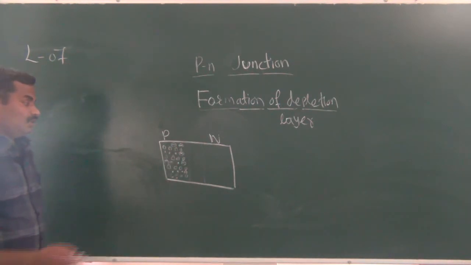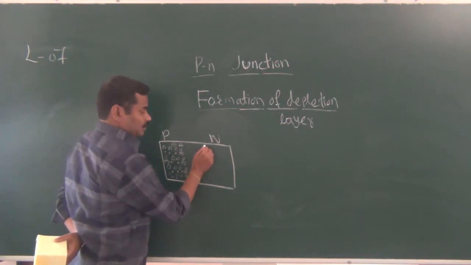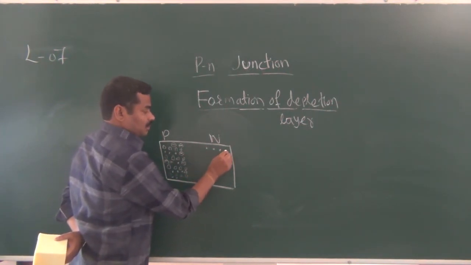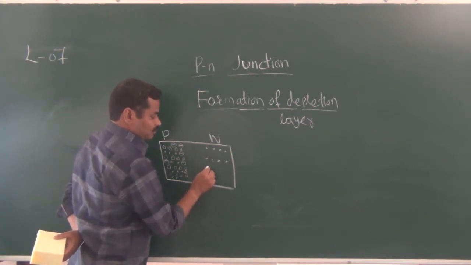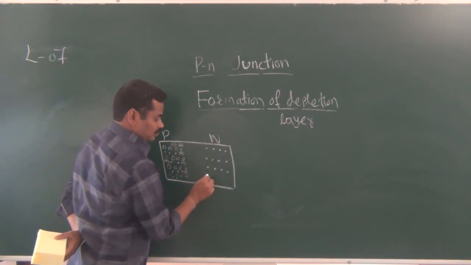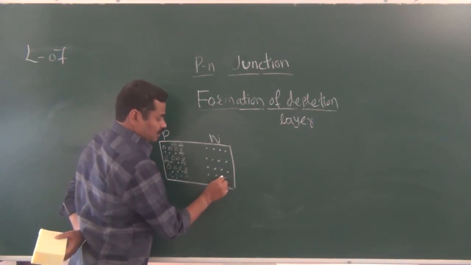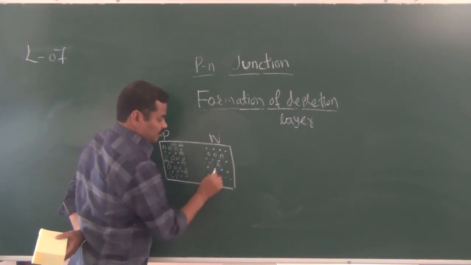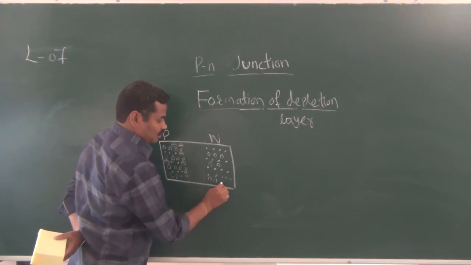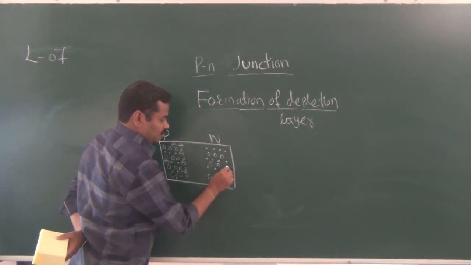Similarly, in the n-type semiconductor, as usual, the electrons are more. The number of electrons is more in the n-type semiconductor. Here the holes are less, because they are minority carriers.